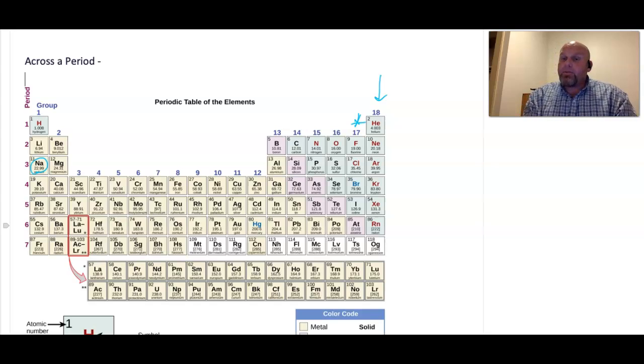Now, its second ionization energy, the removal of its second electron, is going to jump significantly, because after we remove one electron, we now have the same electron configuration as a noble gas. Sometimes you get a really large jump in those values, and that's a good illustration.